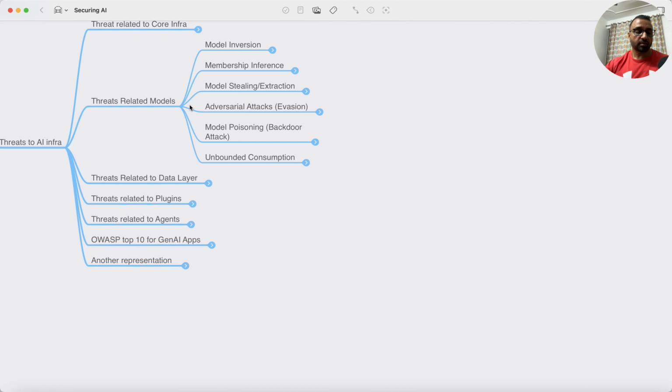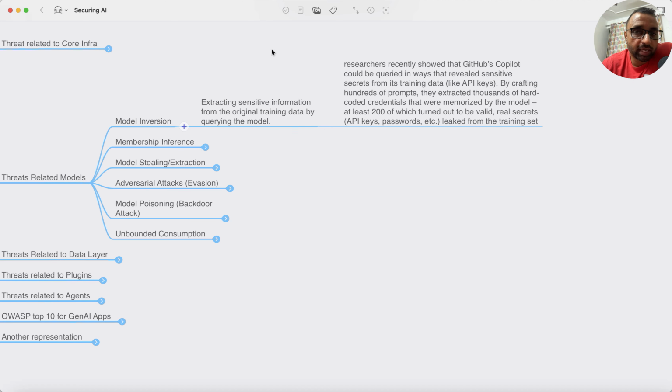The researchers crafted hundreds of prompts and extracted thousands of hard-coded credentials that were memorized by the model, and out of these, 200 were valid, okay, that were leaked from the training data set.